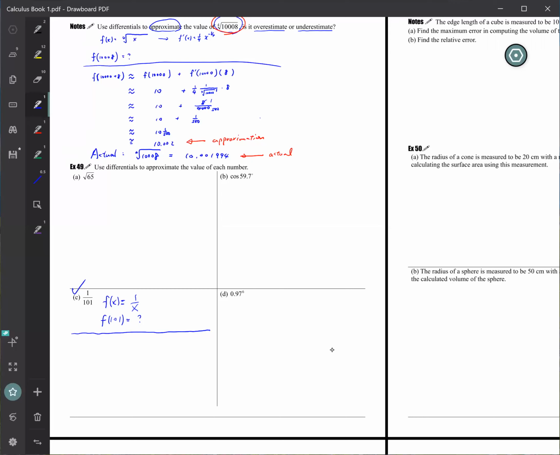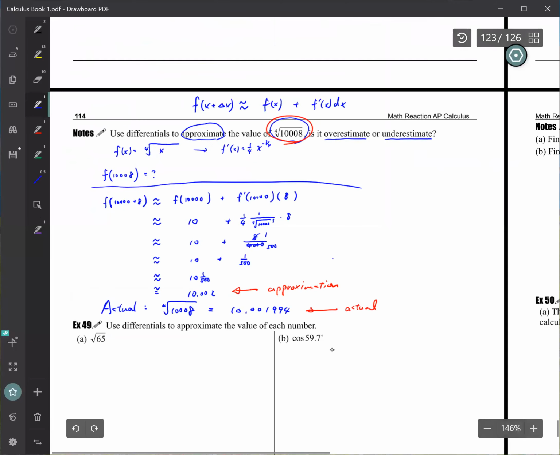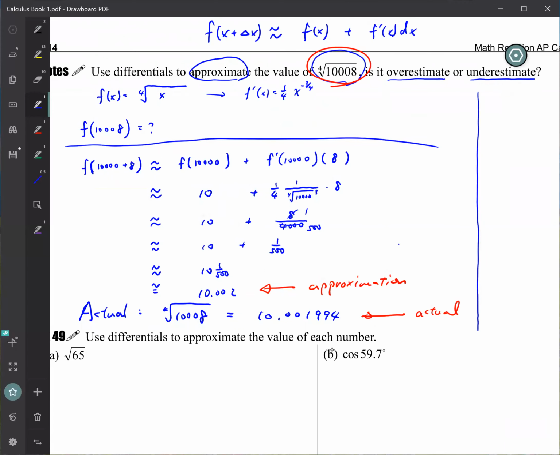And before you guys continue, all right, so we forgot to talk about overestimate or underestimate, okay? So let's go back up a bit. So this one, we got approximation, that's 10.002, and the actual one is 10.001994, right? So is this one over or under? Over?